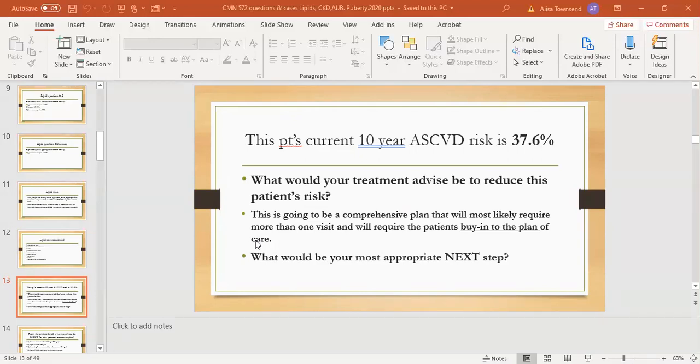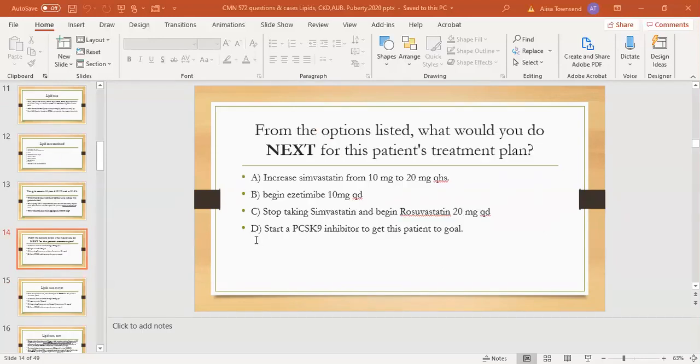Not everything can be done all in one visit, because sometimes the patient just can't do everything. They're going to look at this 37 and they're going to be overwhelmed. Okay, so here are your options for the next step with this patient's plan.